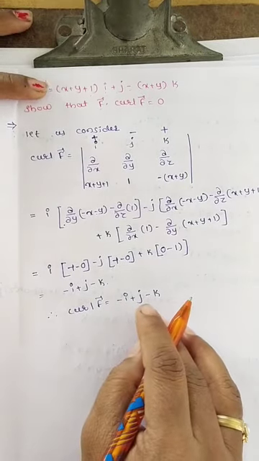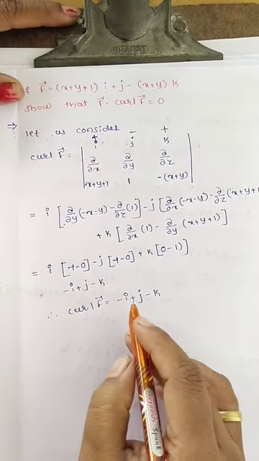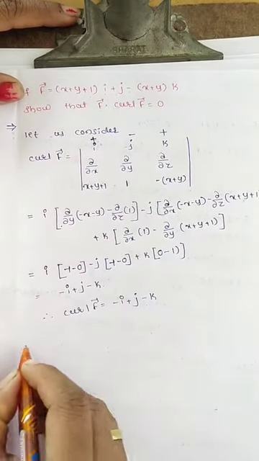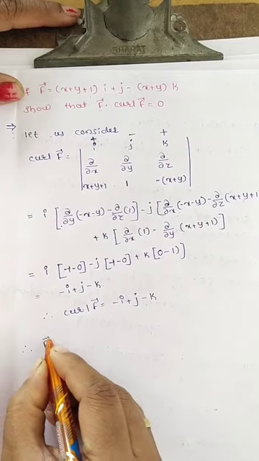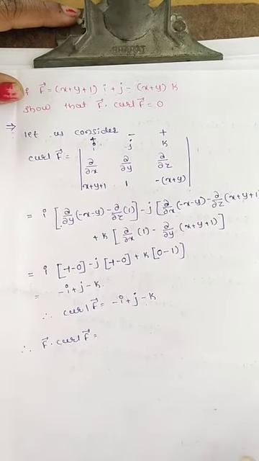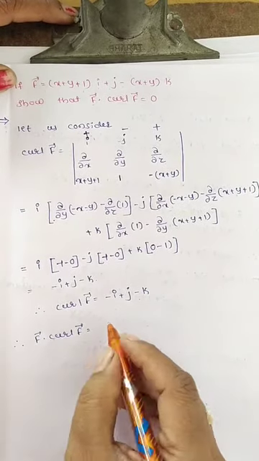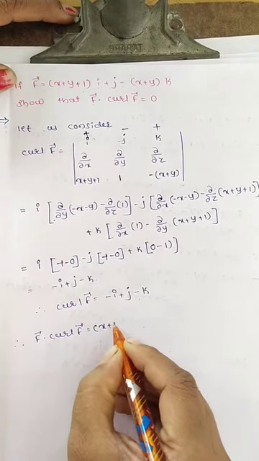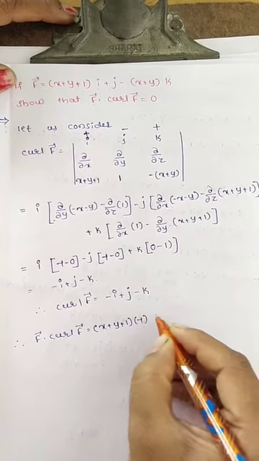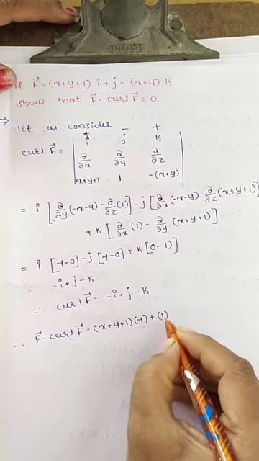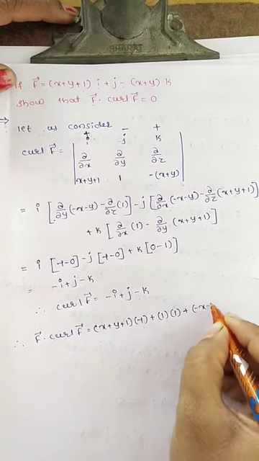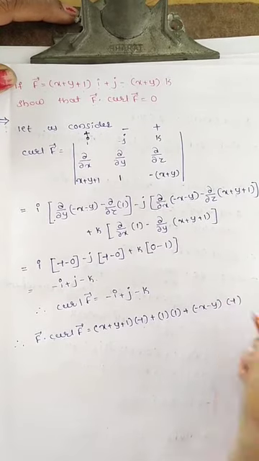After getting this, we have to apply the dot product with this and our given f. Therefore, vector f dot curl f: the i term, (x + y + 1) into −1, plus 1 into 1, plus (−x − y) into −1.